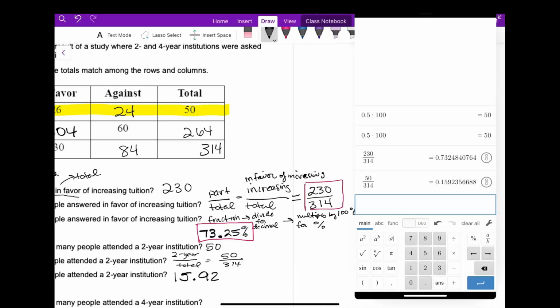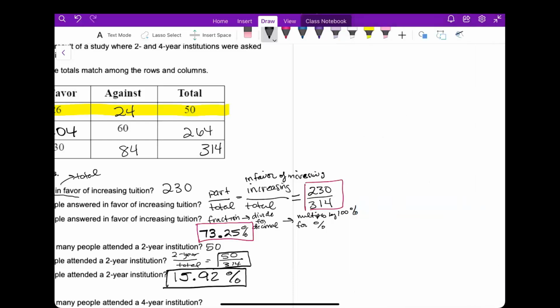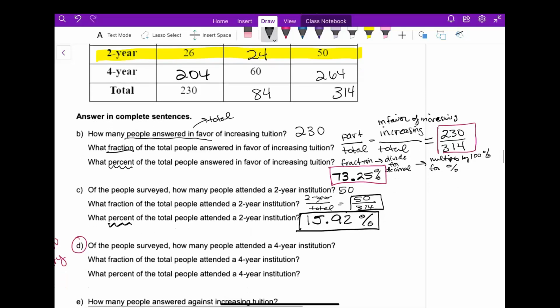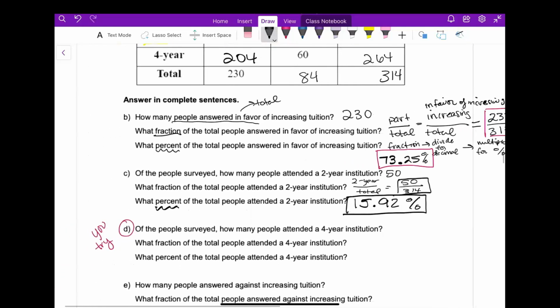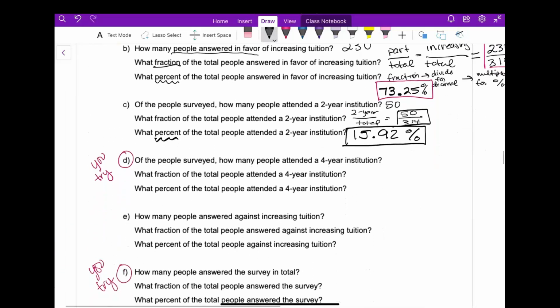If you notice, the last number is a 3, so if I was rounding, this 2 would stay, it would not go up. So I have 15.92%. All right, you're going to try D. Let's move on to E.